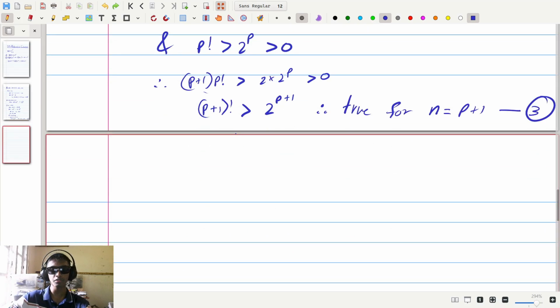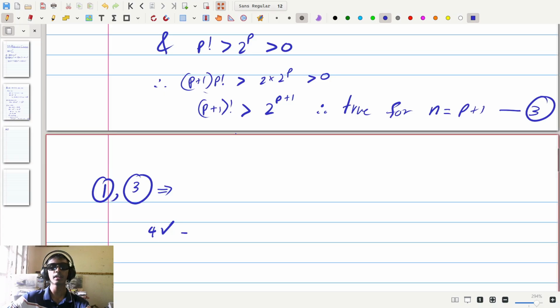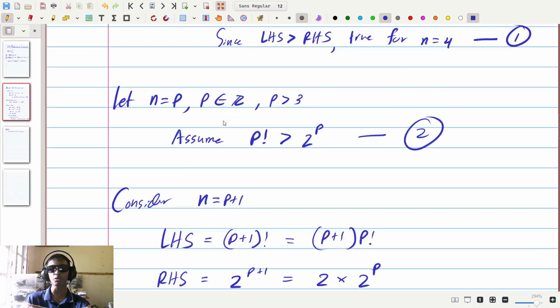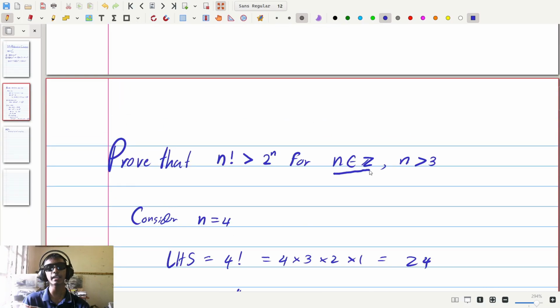Combining these two statements together, combining statement 1, which is the base case, and statement 3, which is going to be the inductive step, we can say that since it's true for 4, it's going to be true for the next number, which is 5. Since it's true for 5, it's going to be true for the next number, which is 6. Since it's true for 6, it's going to be true for the next number, which is 7, and so on indefinitely. In fact, as we can see, this is covering all of the elements of the set that we wanted to find for, the set of n being an element of the integers and n greater than 3.